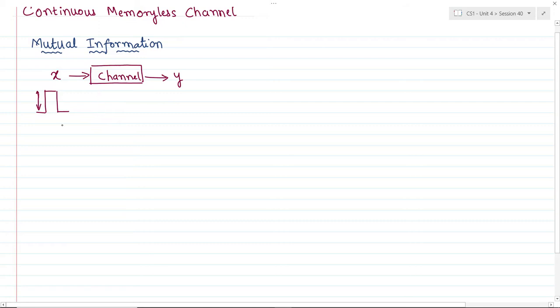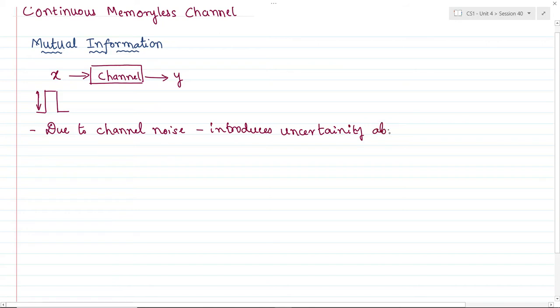But in the presence of noise, as is the case in the discrete memoryless channel, due to channel noise, it introduces uncertainty about the true value of x which is transmitted.